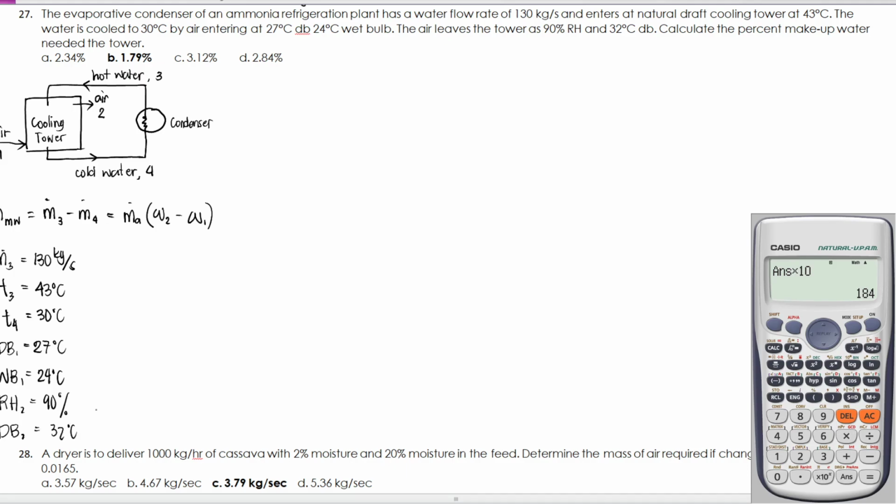Okay? So, yun nga lang, kailangan nyo dito ng steam table para din sa mga properties na gagamitin for air. Okay? So, ang ibibigay ko dito is yung mga values na, pero tingnan nyo din using your steam table kung paano nakuha yung mga values na ating gagamitin for this one.